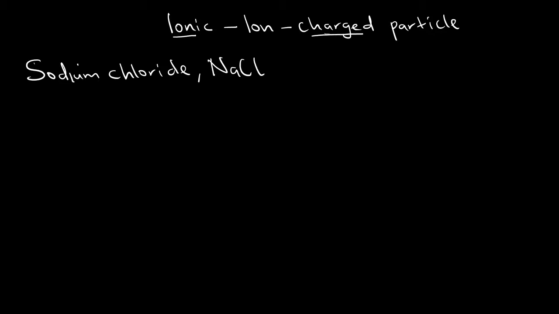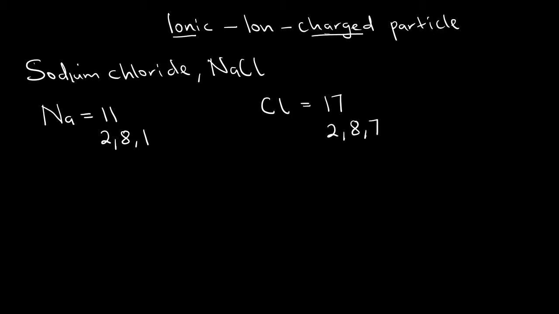Sodium has atomic number 11, while chlorine has atomic number 17. So the electronic configuration of sodium is 2, 8, 1, while that of chlorine is 2, 8, 7. We have 2 electrons in both cases in the first energy level, because the first energy level can only take a maximum of 2.